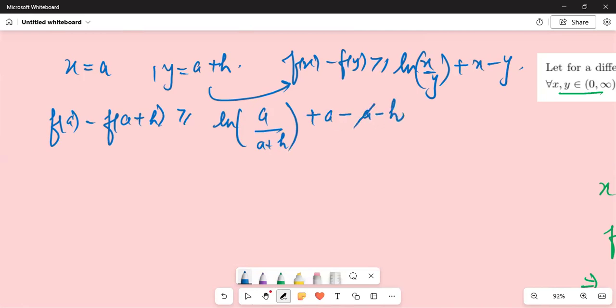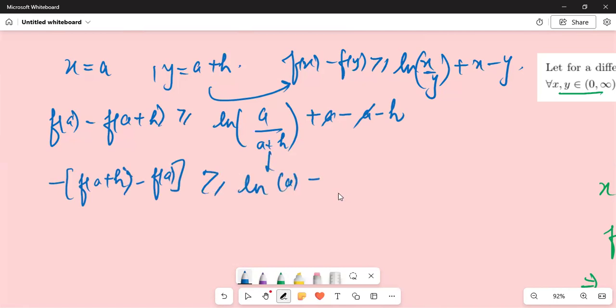So this gets cancelled, and you can take the negative sign out to match the definition of the derivative, and using the property of log here as well. Now you can multiply with the negative sign on both sides.